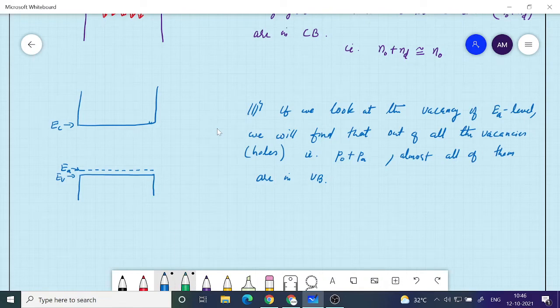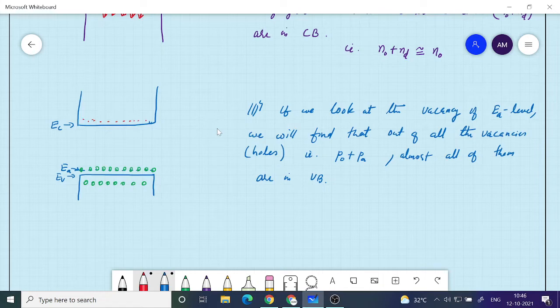So whenever we create this EA level, there are vacancies here. It comes with vacancies. Everything is empty initially, because this is the state that was created due to the vacancy in the boron atom, for example, or aluminium atom. Now there were a lot of vacancies here due to thermal generation, and electrons in the conduction band.